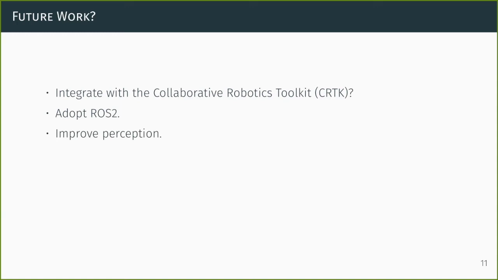Plan to improve perception. Currently, in the suturing task, for example, we rely on color-based segmentation for detecting needle pose. Also, we plan to integrate additional sensors into the system.